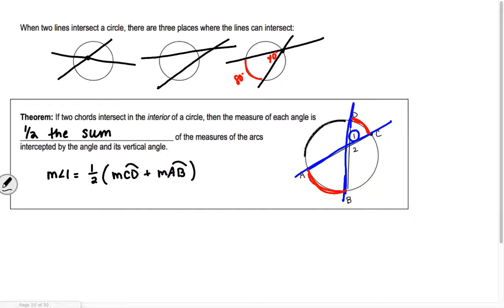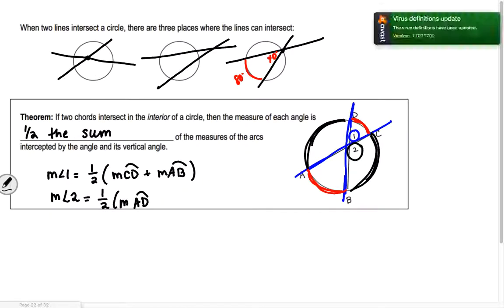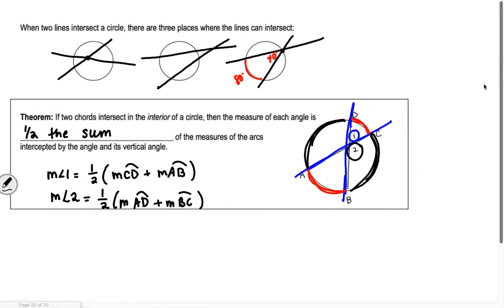It would be this one and this one. So the measure of angle 2 would be half of the sum of AD added to BC. It's a little bit different. Does it make sense? You have to know where those lines are extending and what arcs it's intercepting.